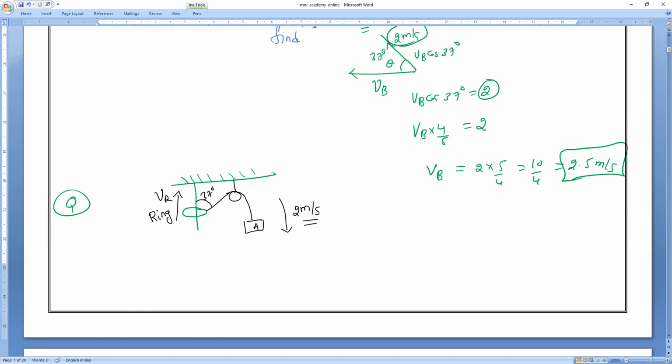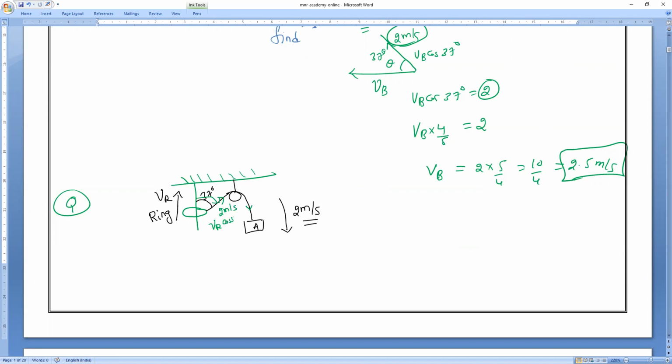As it is moving at 2 meters per second, same string, same speed, 2 meters per second. Now here it is making 37 degrees, so theta is equal to 37. So what will the component come to here?